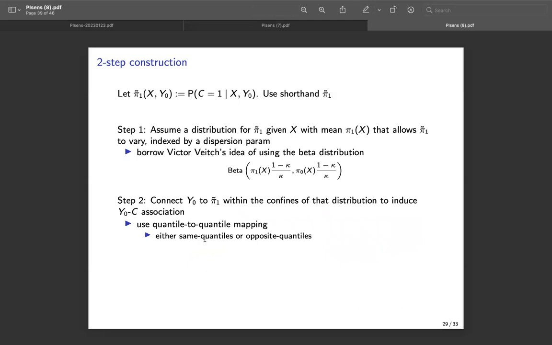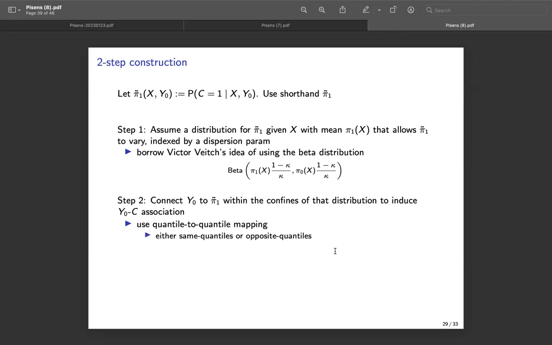And then with step 2, what we do is use quantile to quantile mapping. So we connect the quantiles of y0 to the quantiles of pi tilde 1. If we assume that the y0c association is positive, the mapping would be same quantiles, right? So the 90th percentile on the y0 distribution is connected with the 90th percentile on the pi tilde distribution.